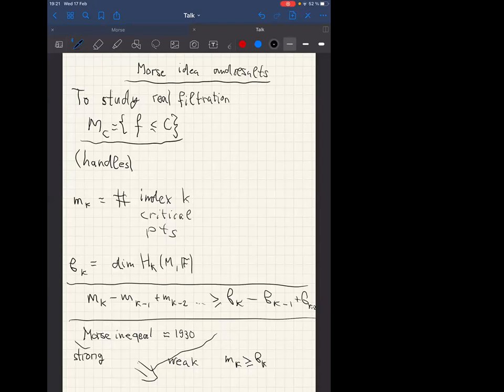Yeah, and Morse's result was a sequence of inequalities, the so-called strong Morse inequalities. Here I wrote them, where M_k is the number of index k critical points, and b_k is the Betti number of the manifold.